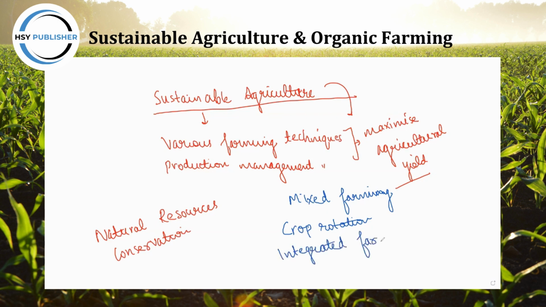Integrated farming means that along with agriculture, we combine other forms of culture. One is agriculture, meaning we are growing crops, and along with those crops, we also go for other cultures like pisciculture.